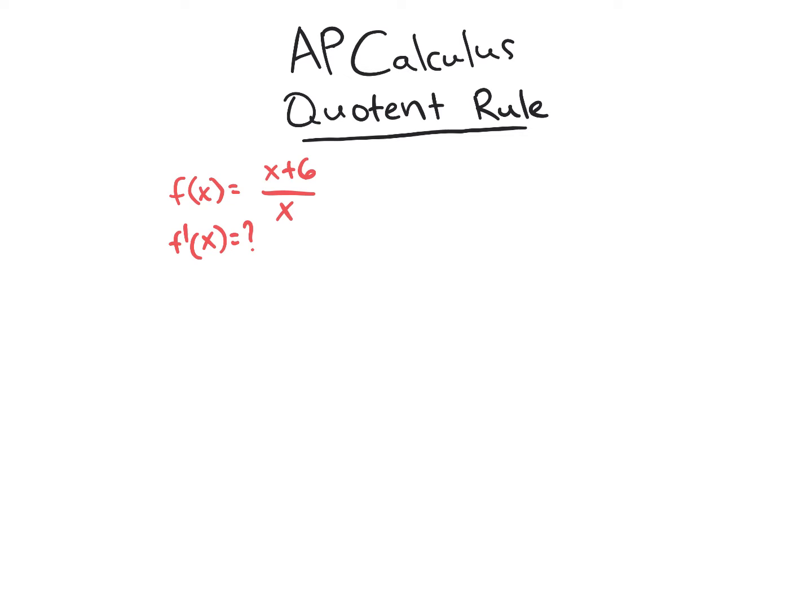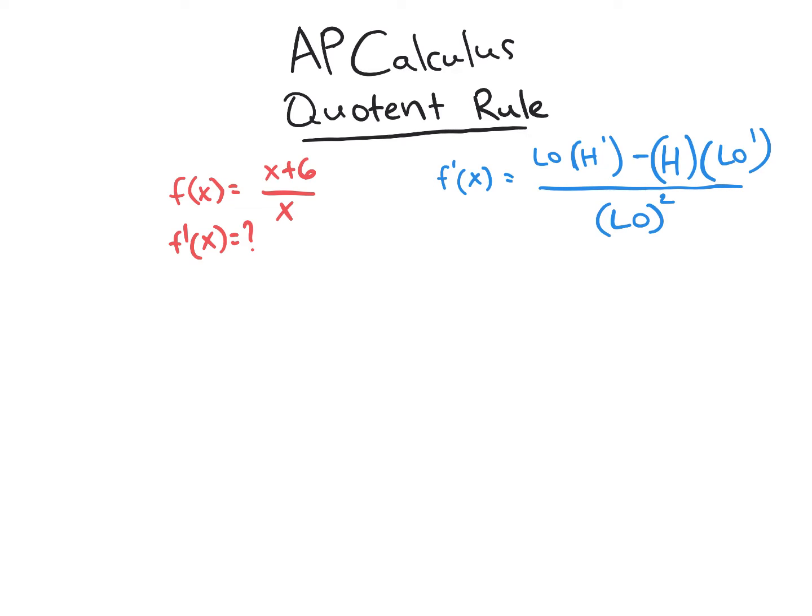So you're dividing x plus 6 and x. This is the formula that you will use. f prime of x is equal to low times high prime minus low derivative of your high minus high times derivative of your low divided by low squared.